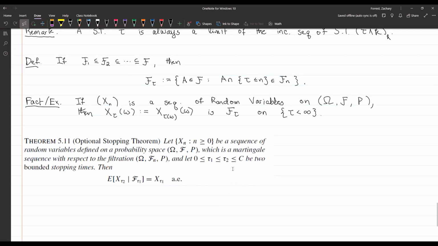In other words, if I've got two bounded stopping times, tau 1 and tau 2, and I want to know the conditional expectation of X tau 2 with respect to the stopped sigma algebra F tau 1, will I wind up getting a relationship with X tau 1? And the answer is yes. Almost everywhere, the expectation equality holds up the way we would expect, which means we can continue to work with stopped martingales on a stopped sigma algebra in more or less the same way as we did with martingales.